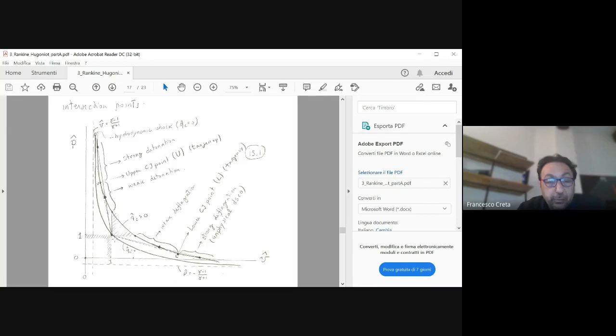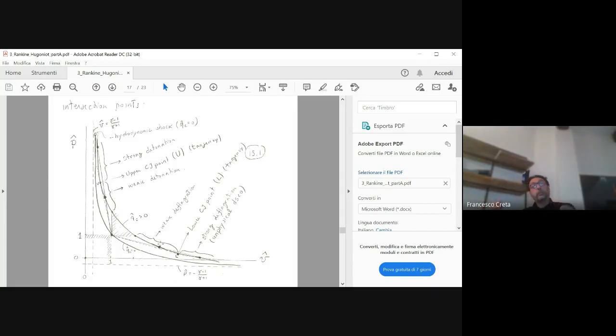Now, I will tell you that as far as deflagrations are concerned, so the subsonic solutions, again, let me repeat, there are two solutions, two intersections. One is going to be closer to the origin. So that's the weak solution, simply because we consider weak as a smaller change from upstream to downstream.